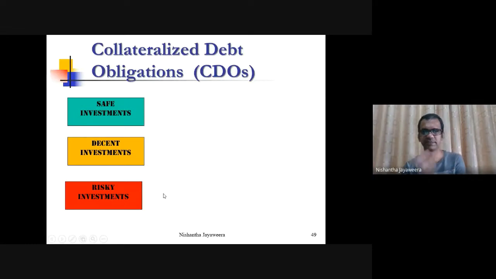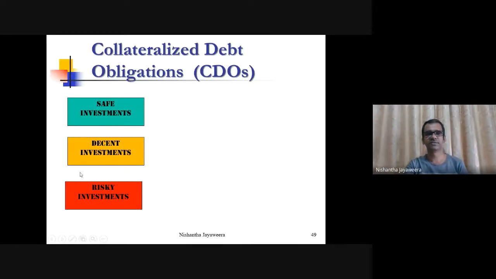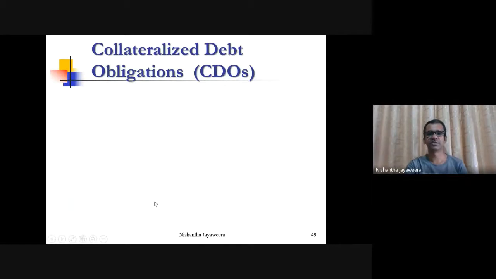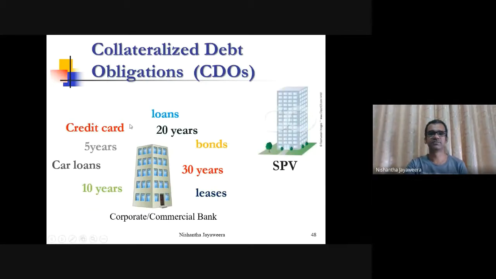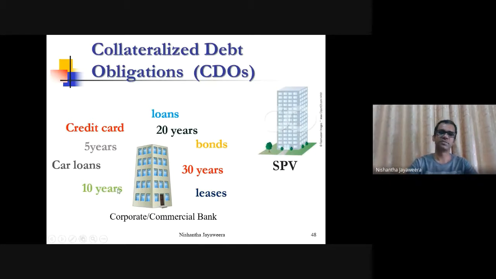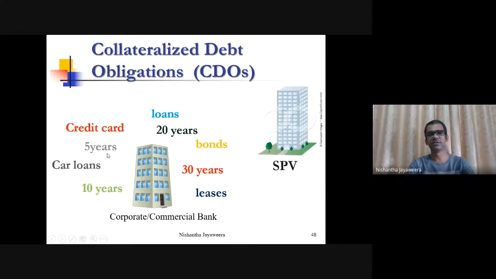Whatever assets the SPV receives are categorized into safe, decent, and risky investments, because in all these assets, there can be different sorts of borrowers depending on the tenor and depending on the product.